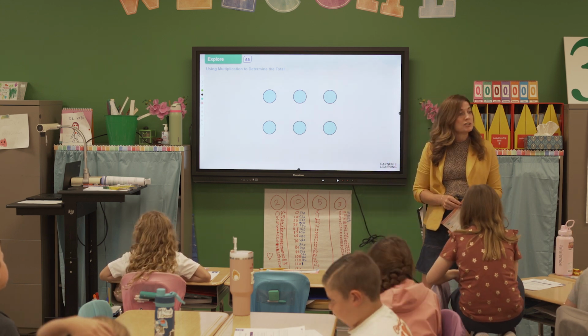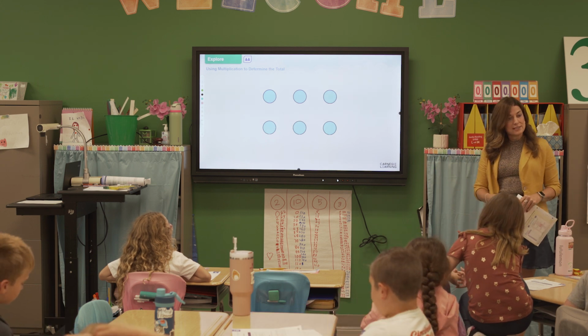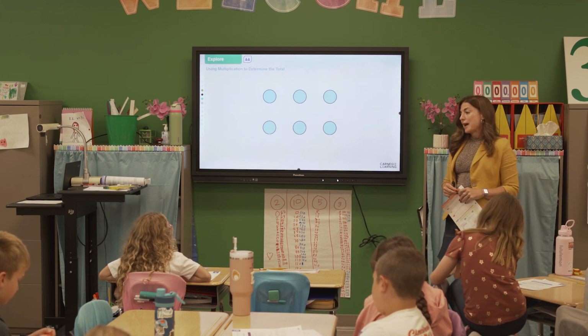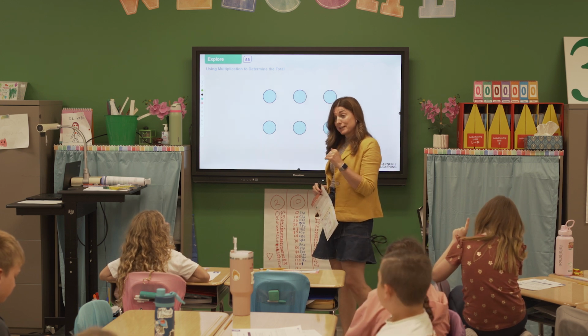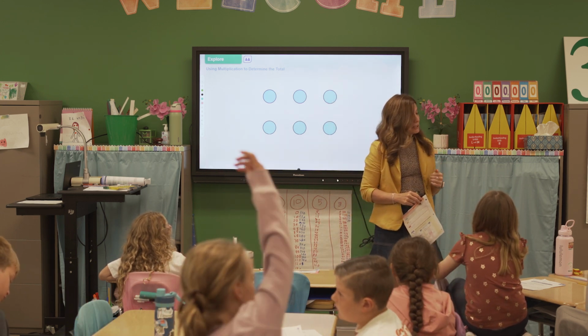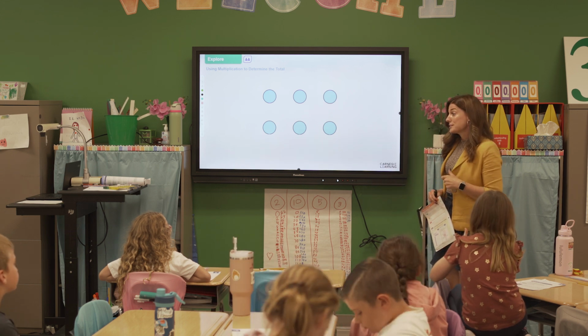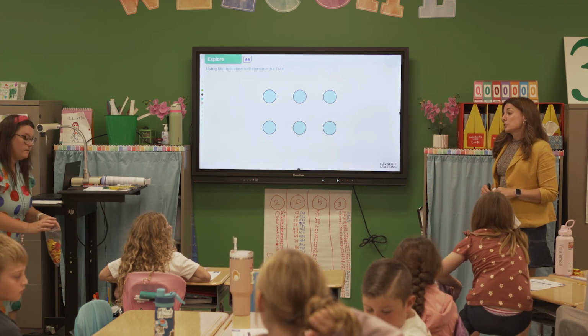All right? When you see these arrays, I want you to think about what we just did. After you've thought by yourself for a couple seconds, I'm going to ask you how many rows you saw, how many columns you saw, how many dots or counters, because they're like counters that you saw.